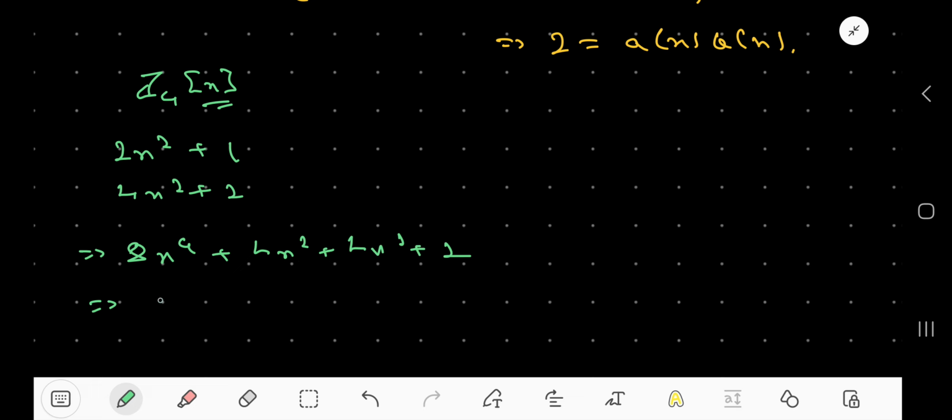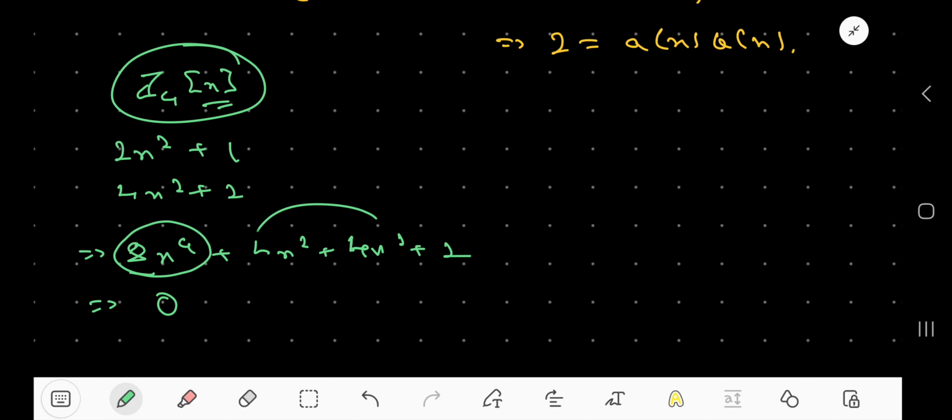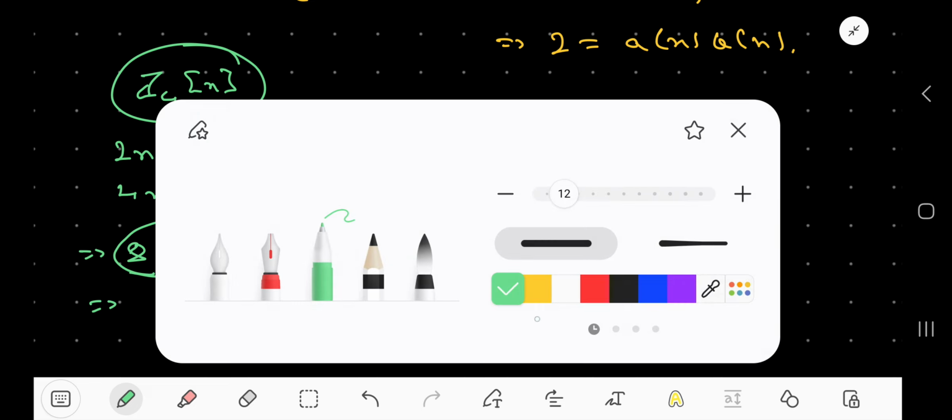Now if you carefully observe, the operation here is multiplication modulo 4, because we are talking about coefficients from Z4. So this will become 0, this will also become 0, and you are only left with 2, right?